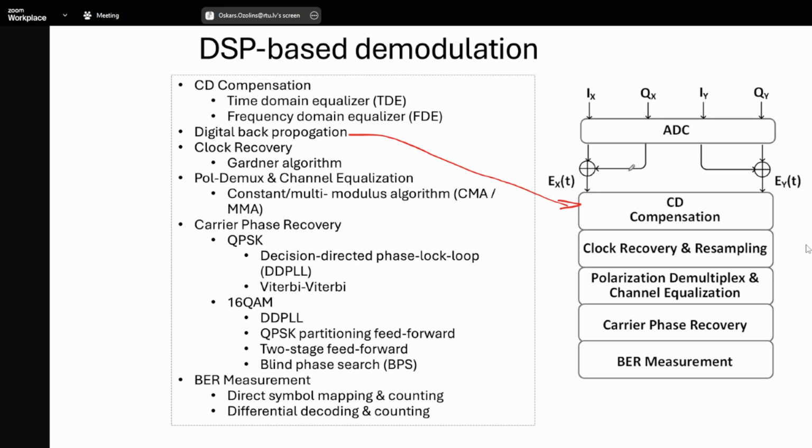We model this fiber for dual polarization signals using the Manakov equation, and we apply the split-step Fourier method. So when we do this modeling of the fiber, we are solving this equation.